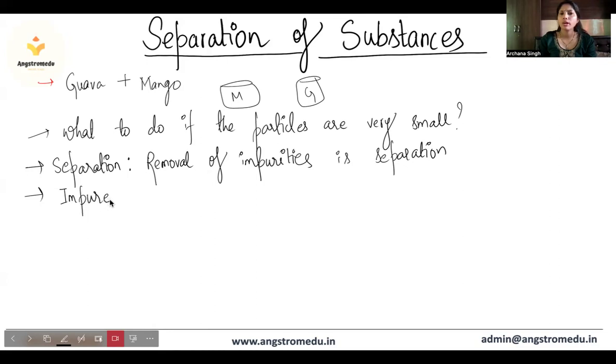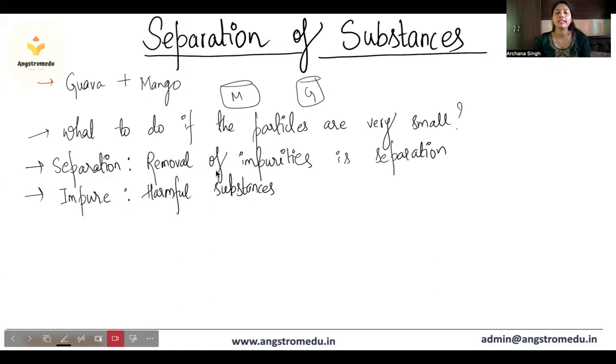Pure, impure. Pure is complete, like only one composition will be there. Impure means there will be some mixture. So impure is nothing but harmful substances. So we are removing the harmful substances which are present in our useful materials.